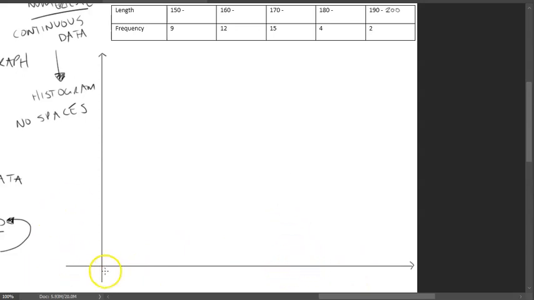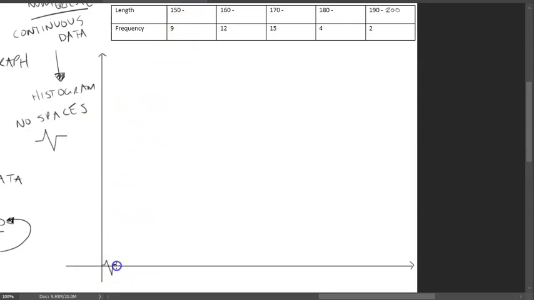So what we do as mathematicians is we've created this symbol that looks like that. Alright, so we're going to put that in there like this, and that just means we're skipping from 0 all the way to whatever the first number of interest is. In this case, it is 150.